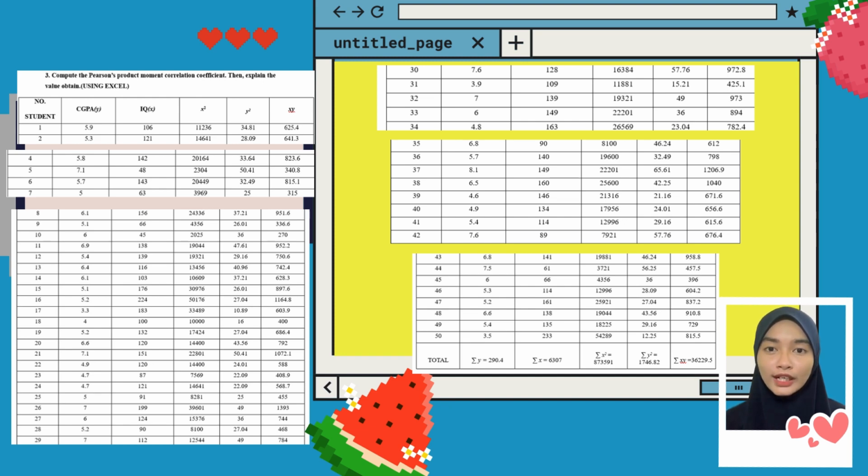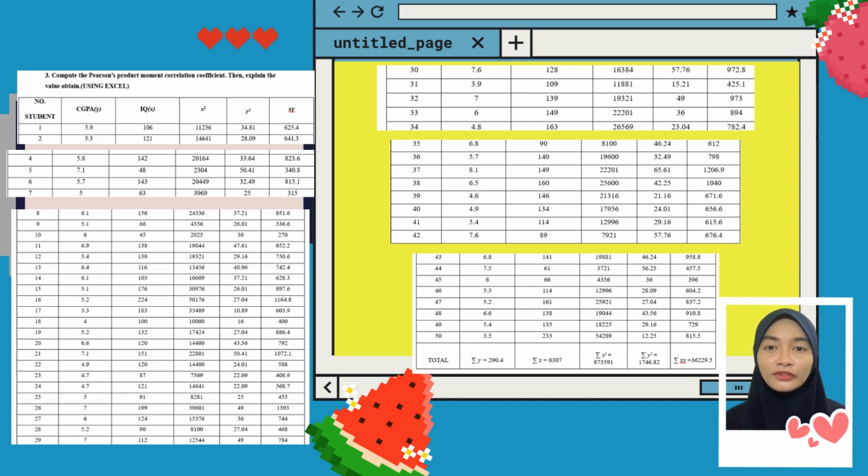Then to find xy, we need to multiply the IQ and CGPA. For example, student number 1, 106 multiply 5.9, and we will get 625.4. And these are all the answers we have calculated.